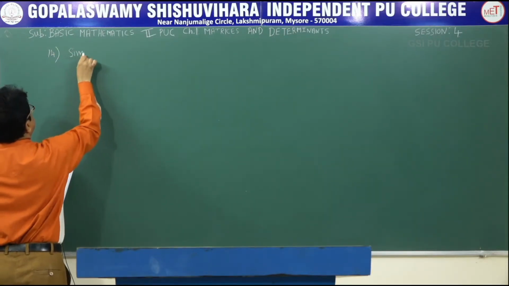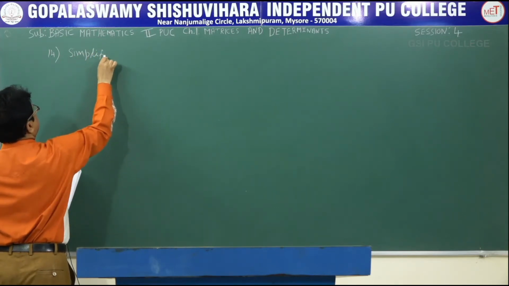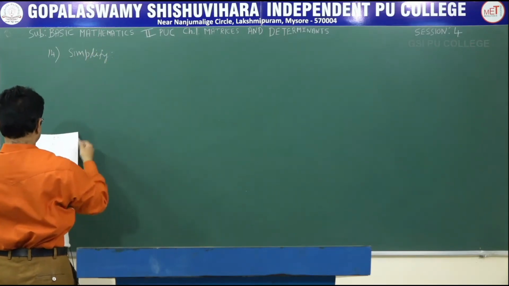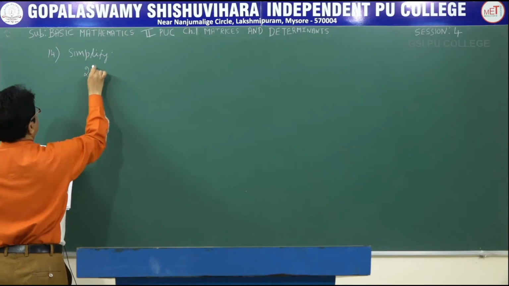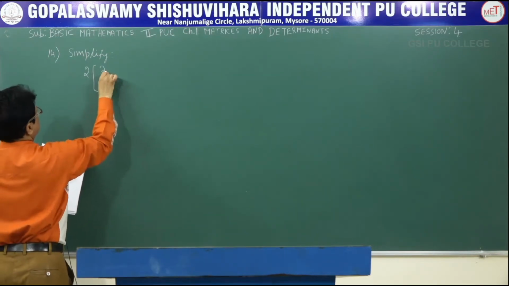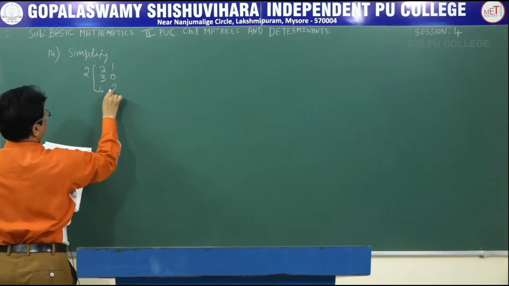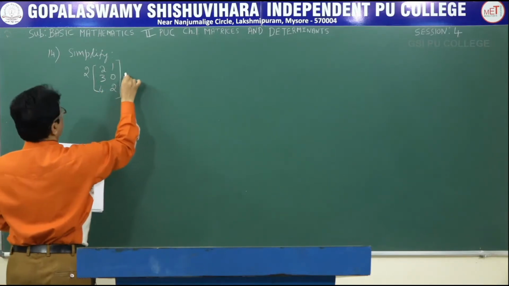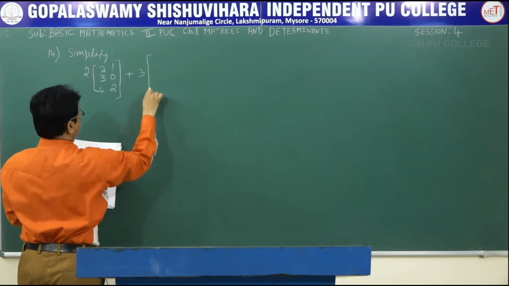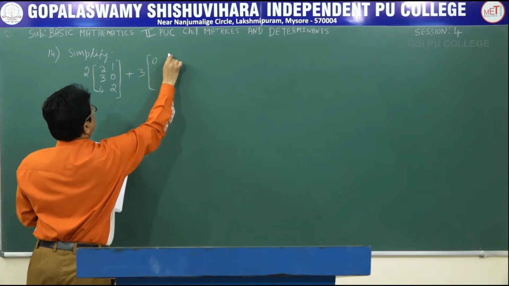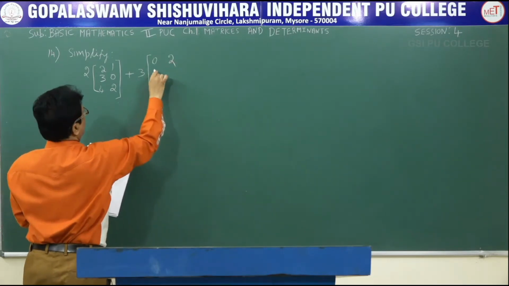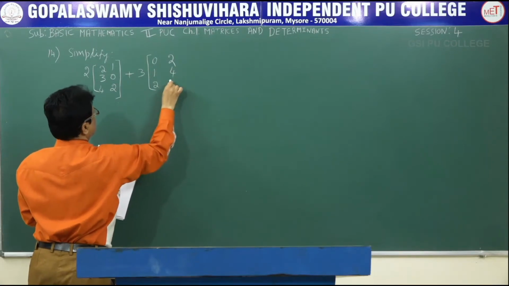Simplify: 2 into the matrix [2 1 3; 0 4 2] plus 3 into the matrix [0 2 1; 4 2 3].